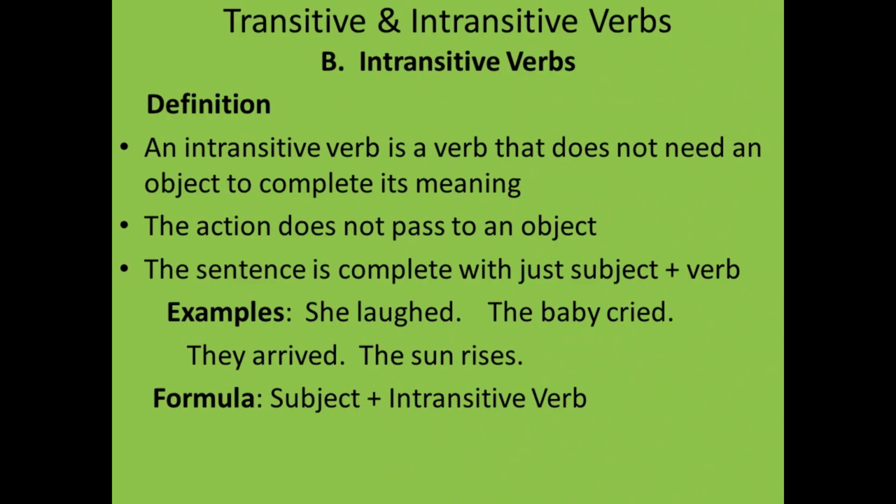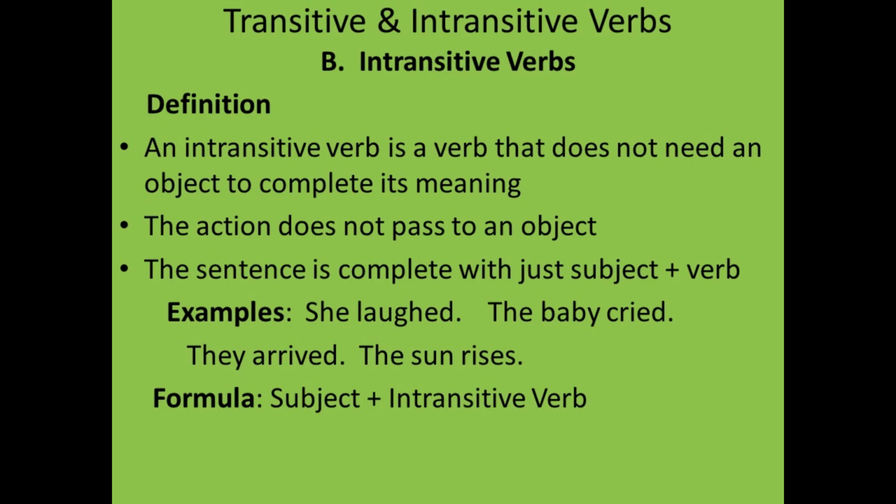When we come to the next, an intransitive verb is a verb that does not need an object to complete its meaning. Obviously, it is the opposite of the previous one. The action does not pass from the subject to an object because there is no object in the sentence.